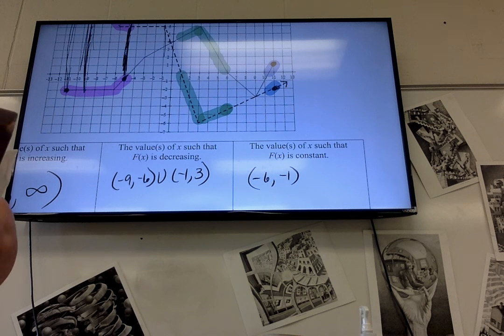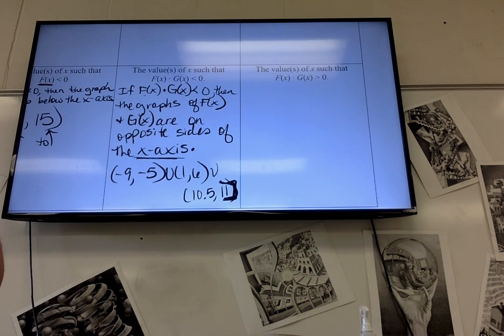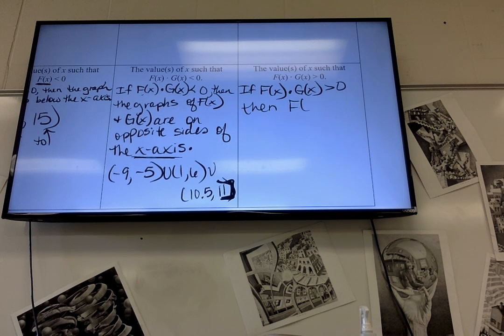Anything else? All right. Now we're going the other way. If f of x times g of x is greater than 0, then what do we know about f of x and g of x? Yep. Then f of x and g of x are on the same side.